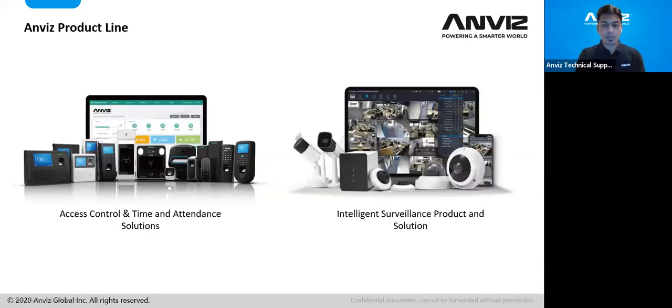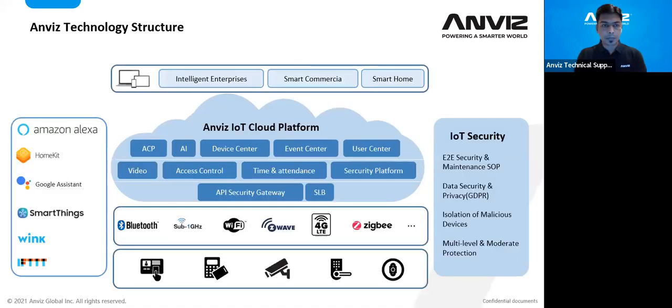Moving forward, we have two separate parts under Anviz: access control and time attendance solutions, and intelligent surveillance products. This is our technology structure, with a wide technology platform covering multiple segments.